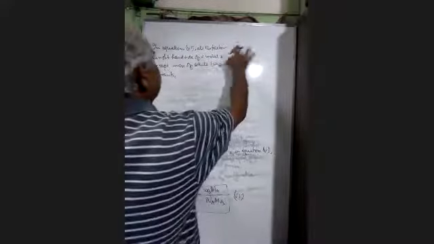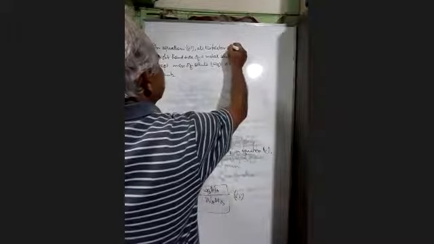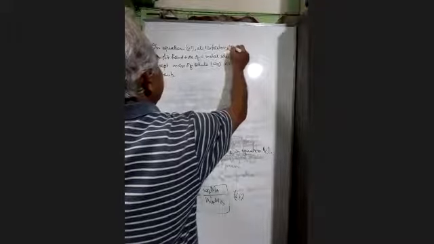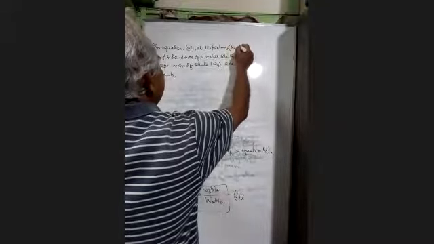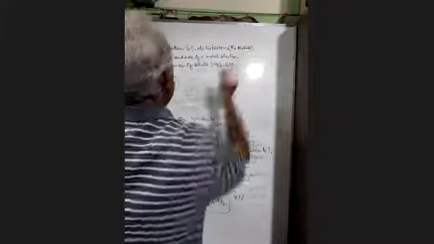What are those factors? It is MA, MB, and WA.